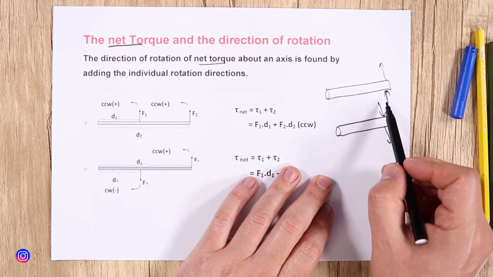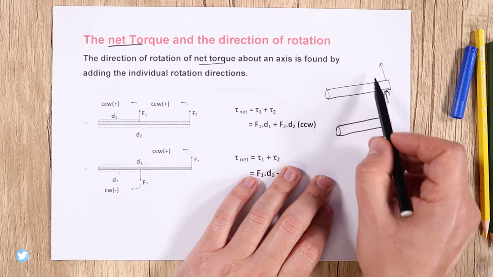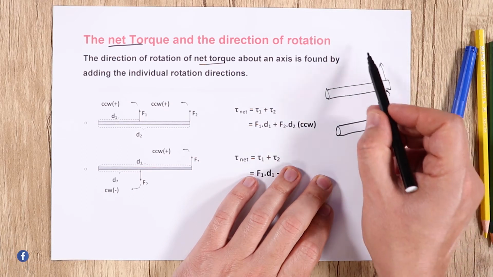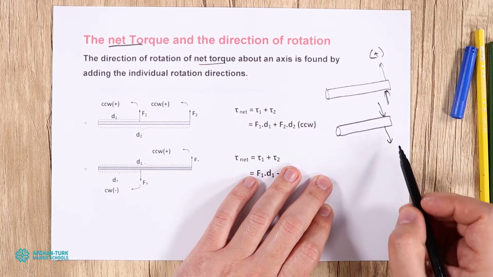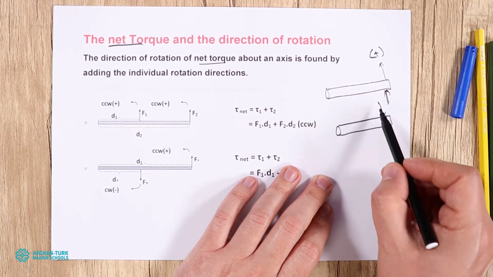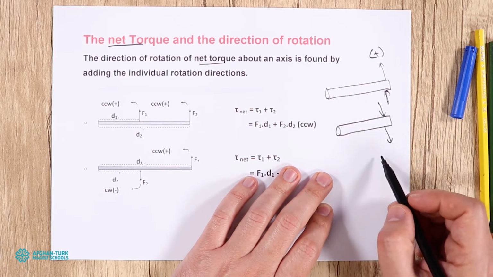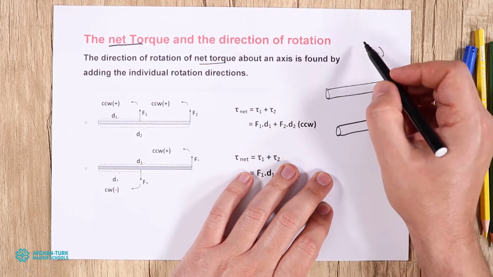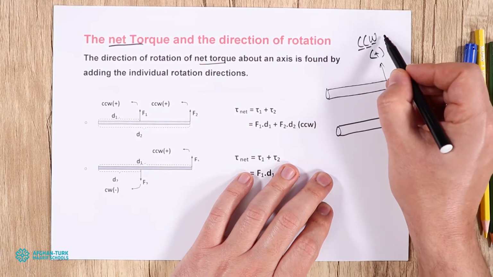So if the force produces torque in the anti-clockwise direction, we will measure this direction as positive. If the force produces torque in this direction, meaning the upward direction, it is called CCW, counterclockwise or anti-clockwise.